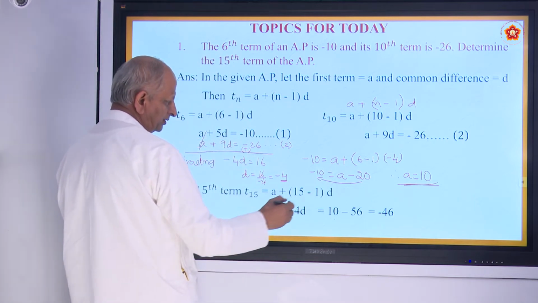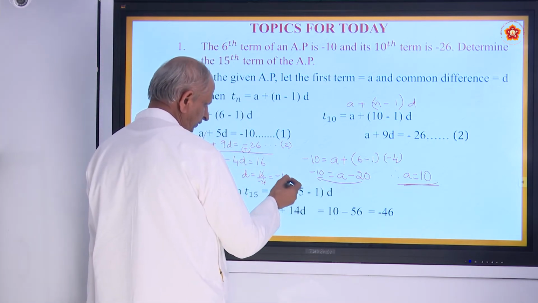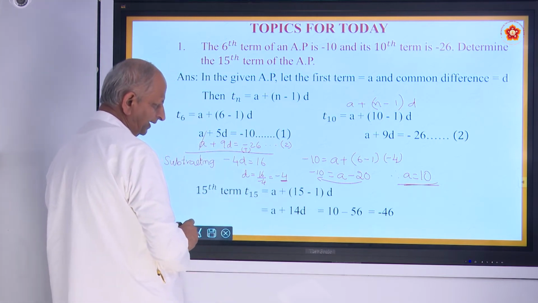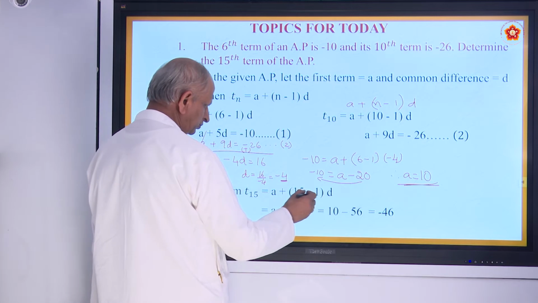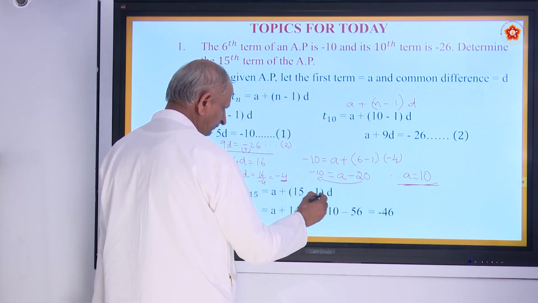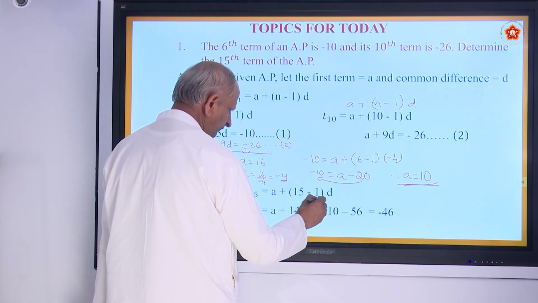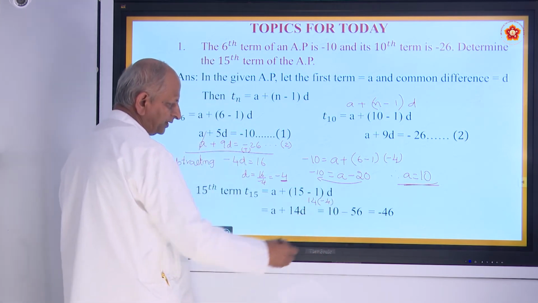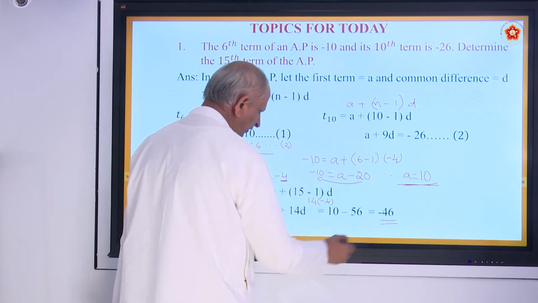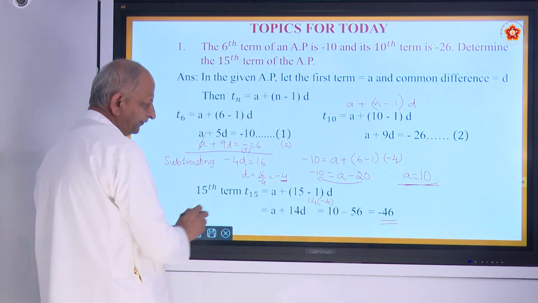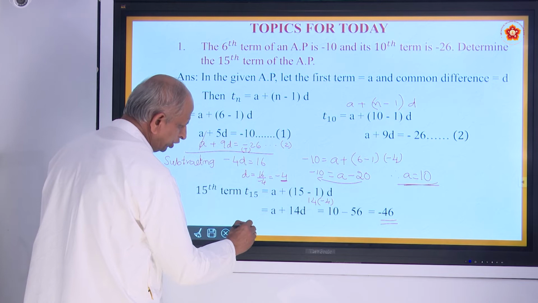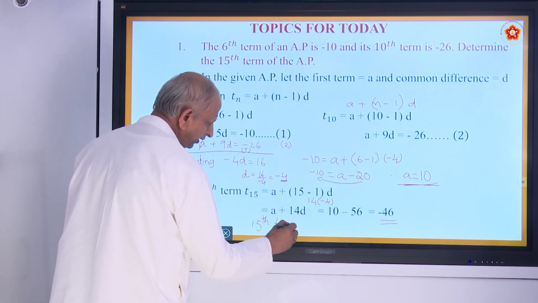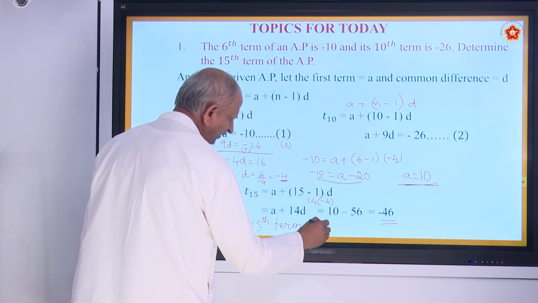And d how much? D is minus 4 you got. So, 14 into minus 4, minus 56. Answer will be minus 46. So, 15th term is equal to minus 46.